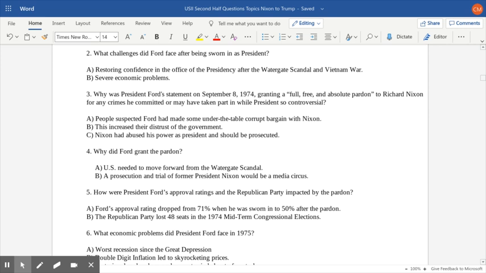So when you think about question 5, the impact of Ford pardoning President Nixon, well, it did not really play out very well for President Ford. When he had first become president during the early months of his presidency, he had a pretty strong approval rating of 71%.